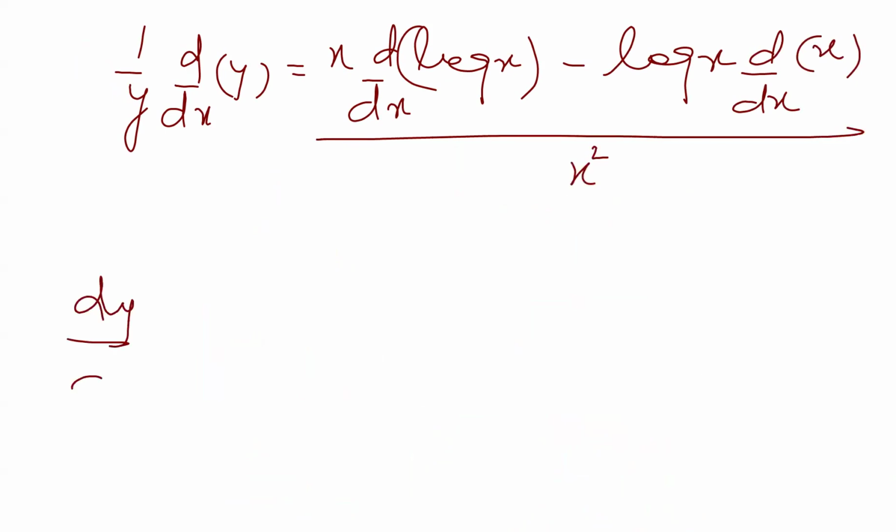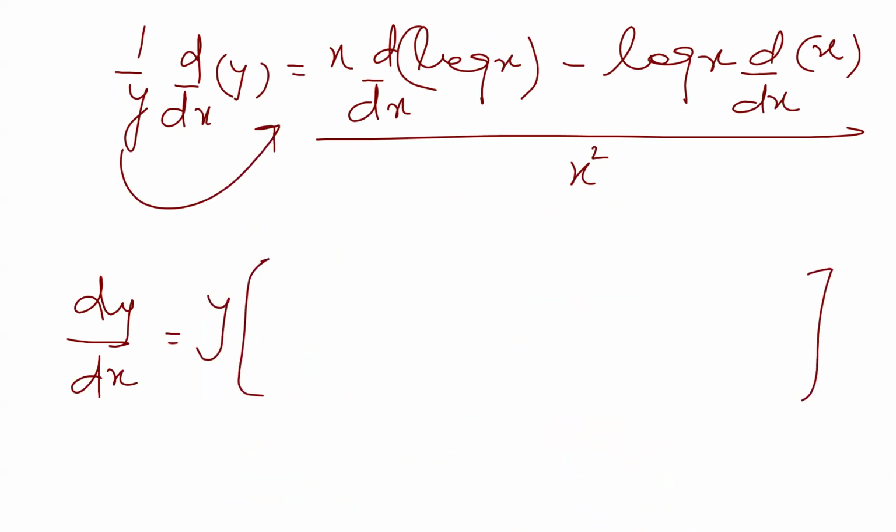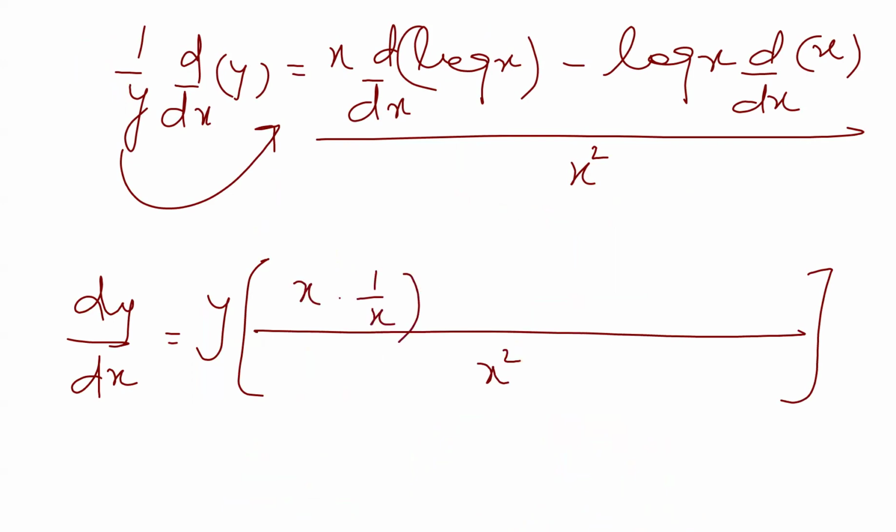So dy/dx, shift this y on the other side, in the box bracket over here. x into 1 upon x, since the log x derivative is 1 upon x, minus log x into d/dx of x, which is 1.